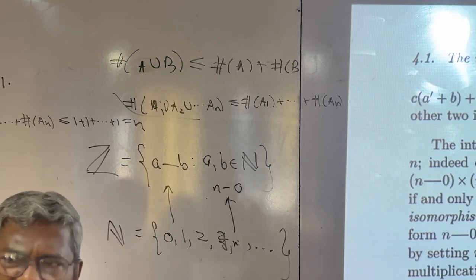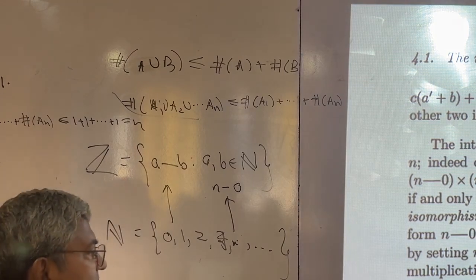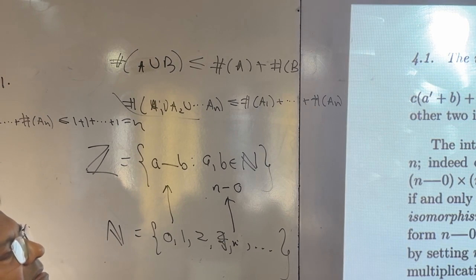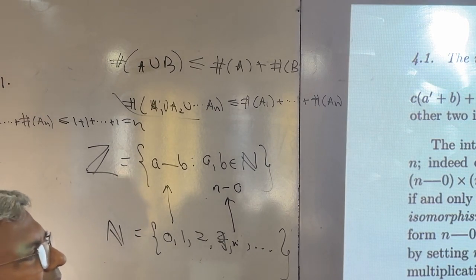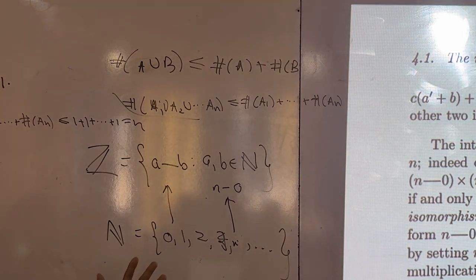I will explain the word isomorphism next day. Isomorphism is between two sets. When we say these two are isomorphic, in one set there are some objects, in this case numbers, and in the other set something else, not the same thing, but they both behave the same way.